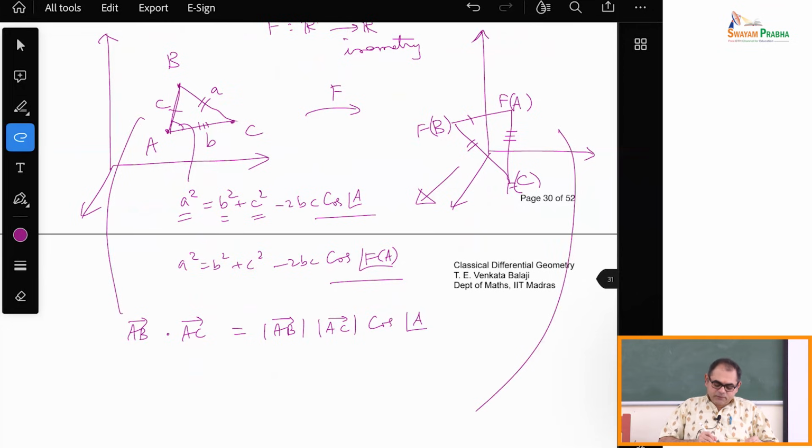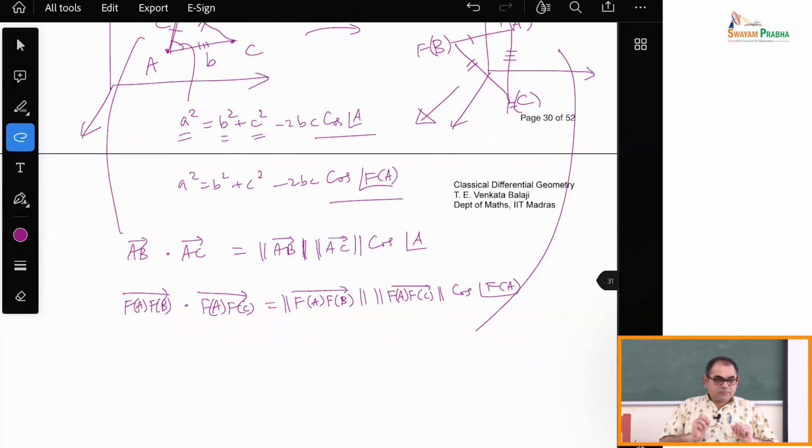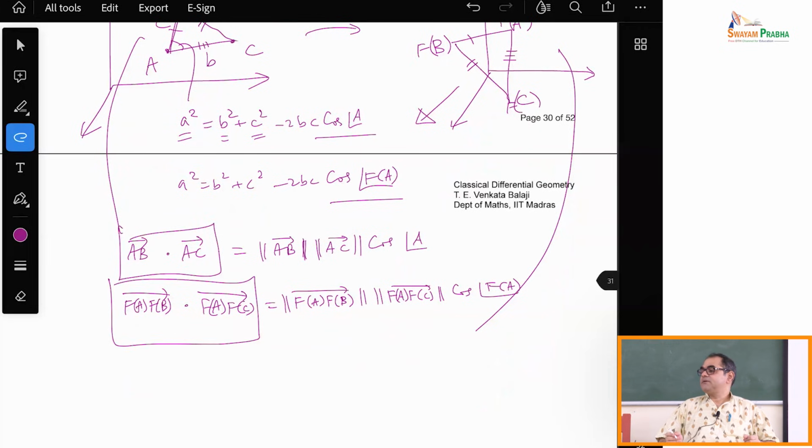I have to write it as F(A)F(B) vector dot F(A)F(C) vector is equal to norm F(A)F(B) norm F(A)F(C) into cosine of angle F(A). Okay, and the point here is that it is this dot product that is being preserved by the isometry.